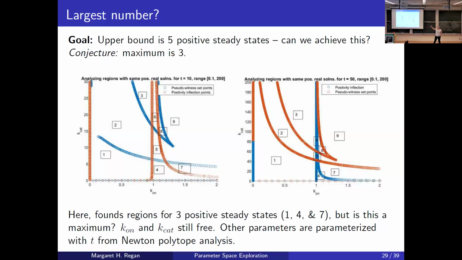And that was developed with a Newton polytope computation that Nita Obataki did to show that this was the parameterization of the parameters that yielded that maximal number of 3 positive real steady states. But is that the parameterization that would yield the upper bound, right? I don't know that we know that. And so that makes it a little bit more complicated, right?